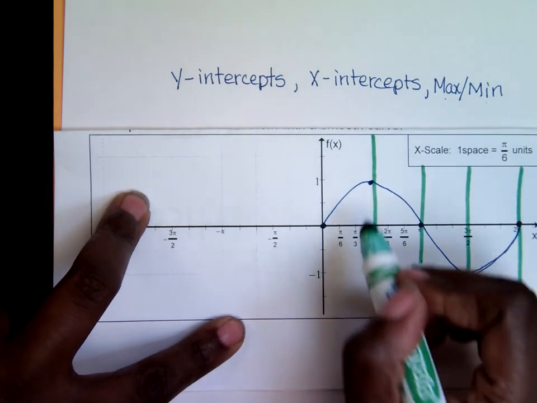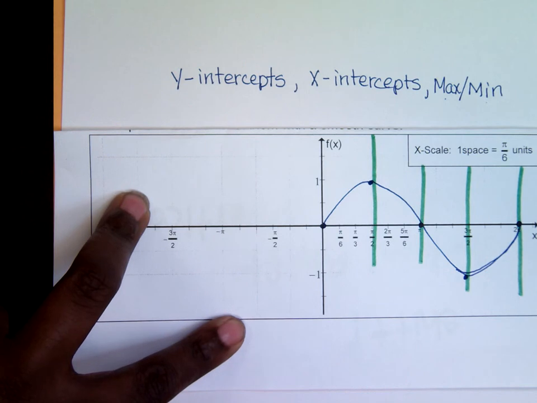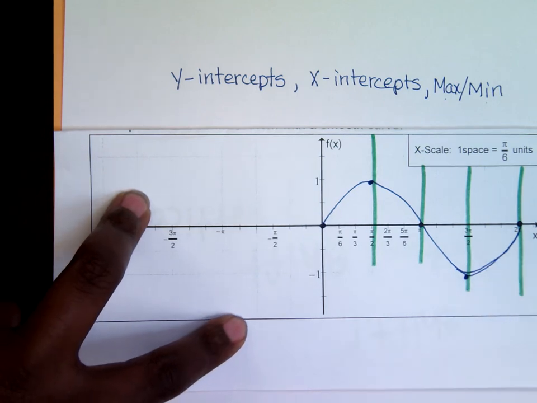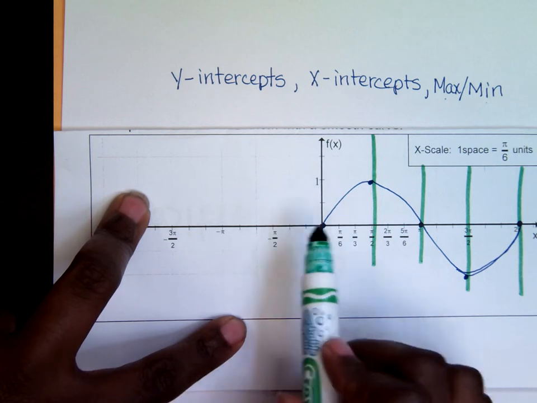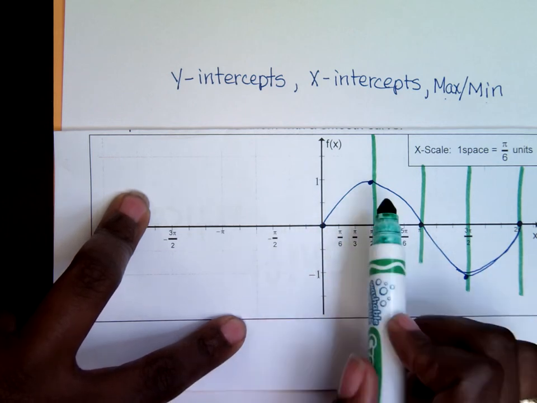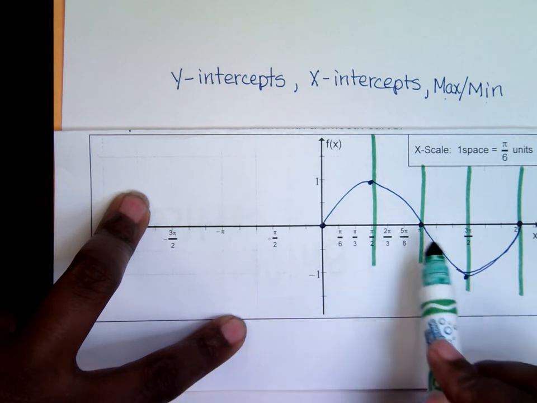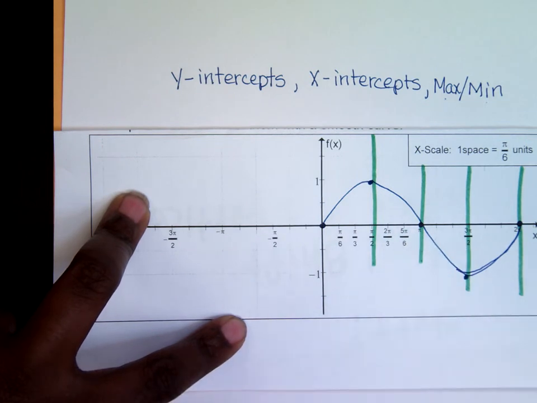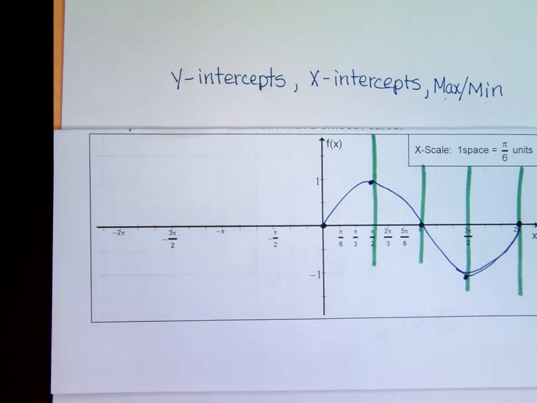You should also notice that at every fourth of the graph there's a key point. Here is a maximum, here is an x-intercept, here is a minimum, and here is an x-intercept. And that's one full cycle of the sine of x curve.